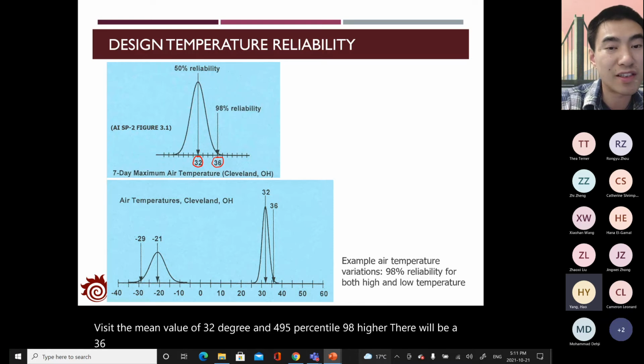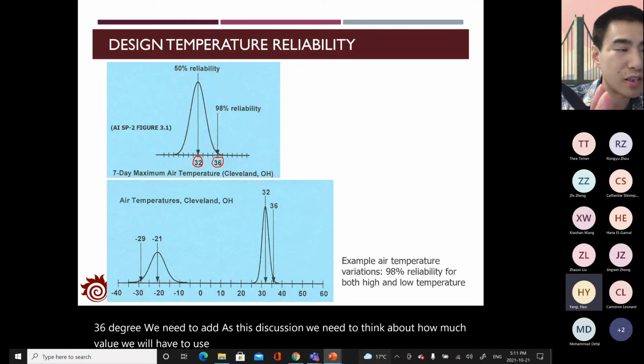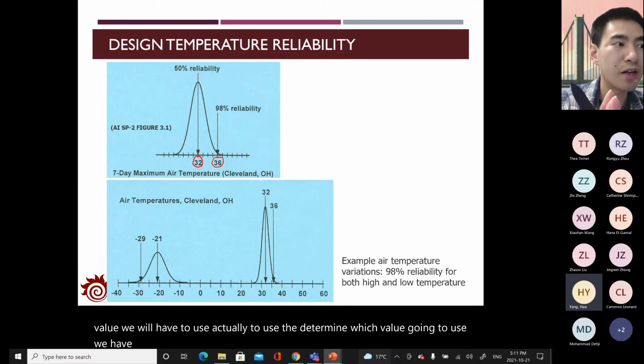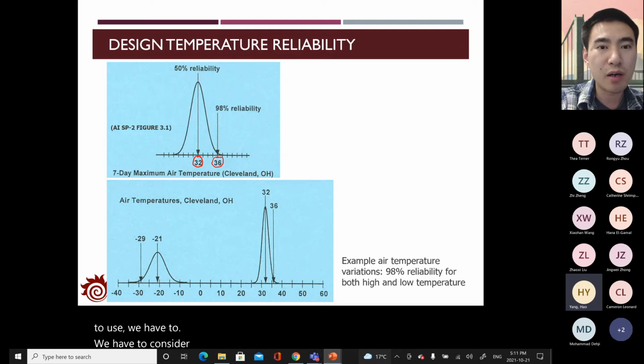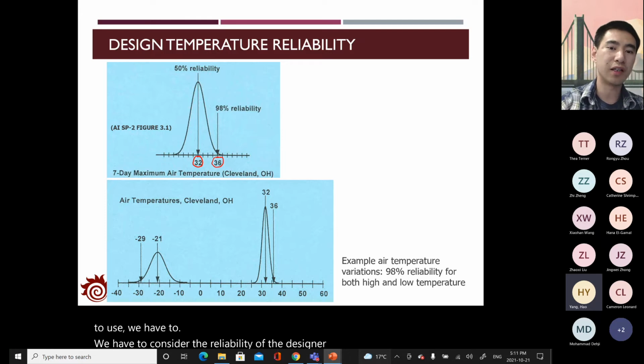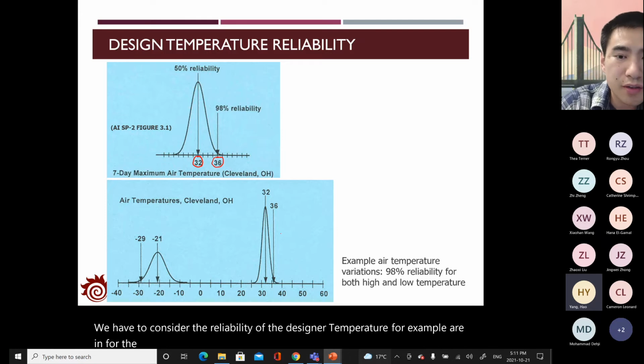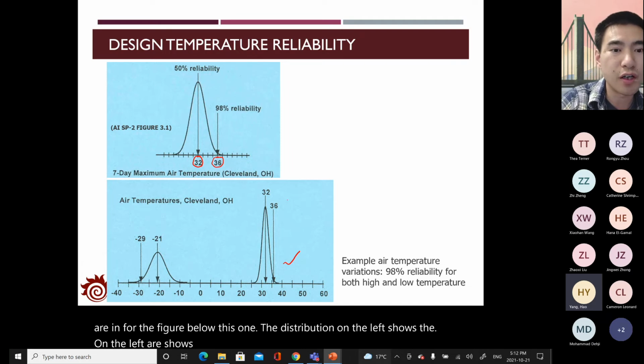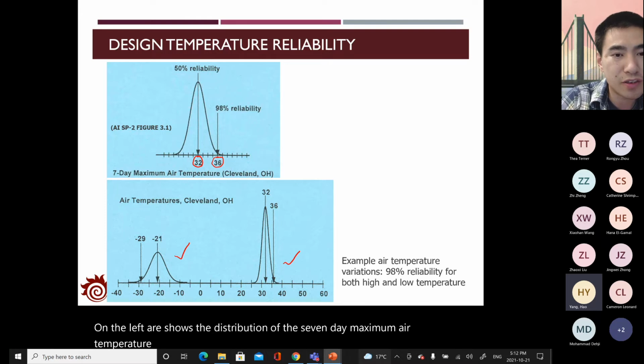As this is a distribution, we need to think about which value we have to use. To determine which value to use, we have to consider the reliability of the design temperature. For example, in the figure below, the distribution on the left shows the 7-day maximum average temperature, and the right shows the maximum temperature.